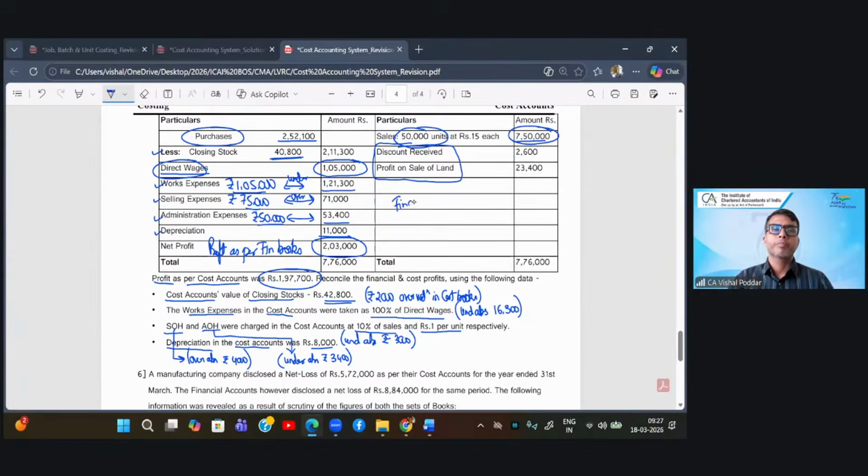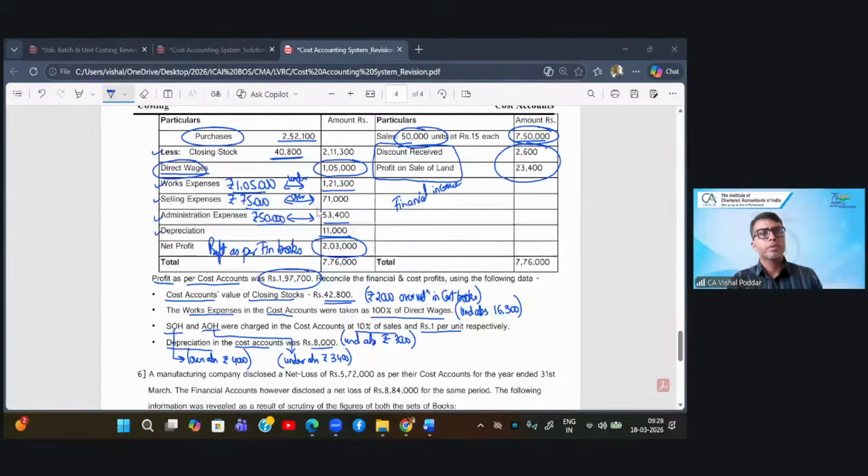These are pure financial incomes. They never come in costing. So these are pure financial incomes for which we will have to do some adjustments. Correct? So now we have identified all the differences. This is the second type of sum which you will get, in which you identify the differences by yourself and then do the answer.